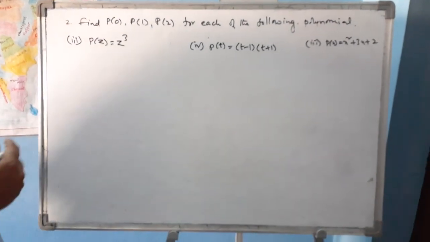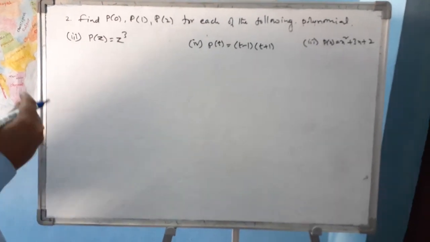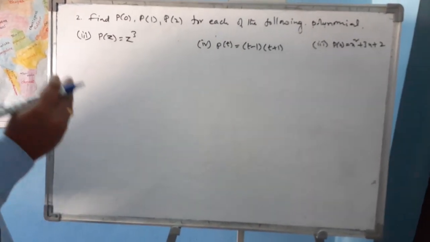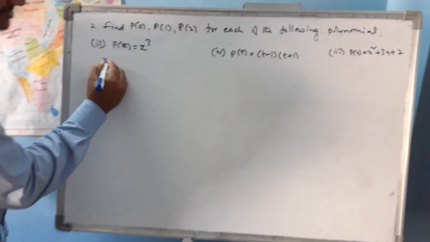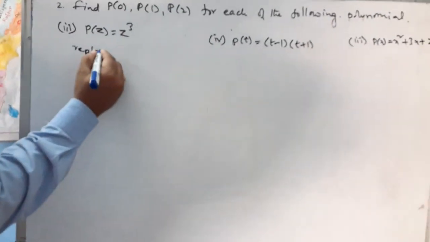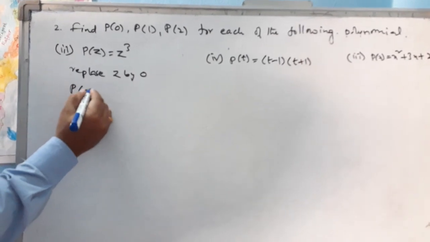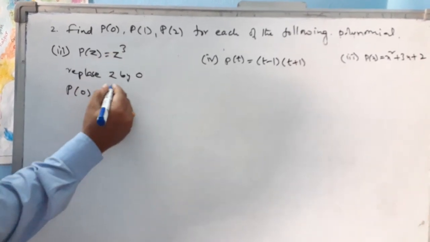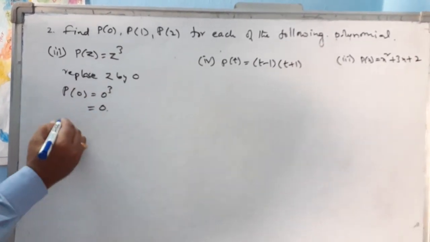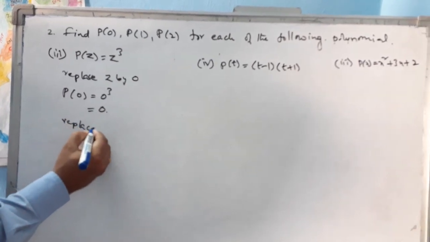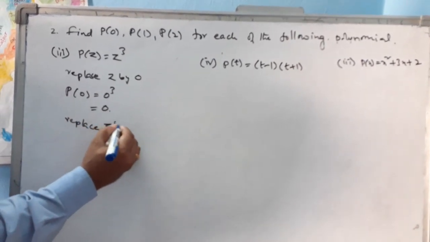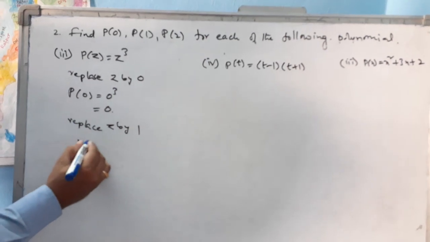Next, third problem, p of z equal to z cube. Now we have to find the p of 0, p of 1, p of 2. So replace z by 0. P of 0 is equal to z cube means 0 cube. So that is equal to 0. Replace z by 1. So that is p of 1.